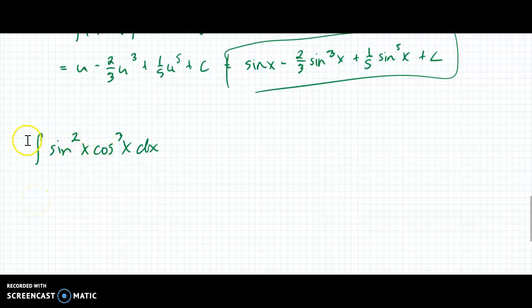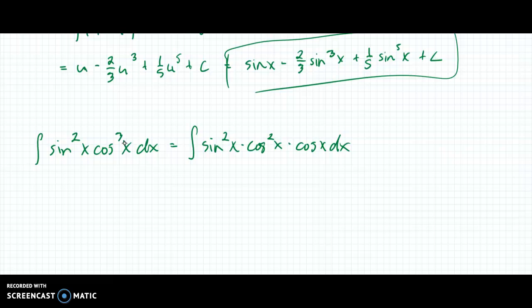But if I steal a sine for a du, then I'm not going to be able to do this. So what I need to do is steal one of the cosines as a du. This is really the integral of sine squared x times cosine squared x times cosine x dx.